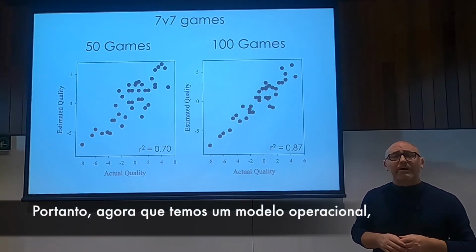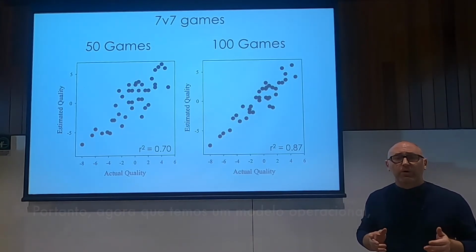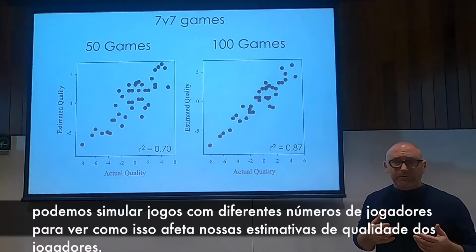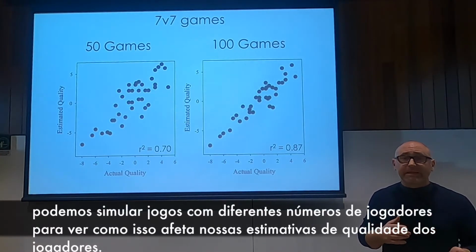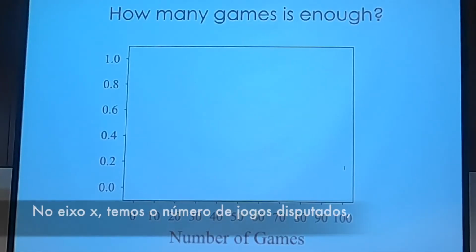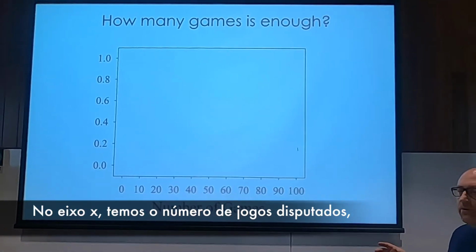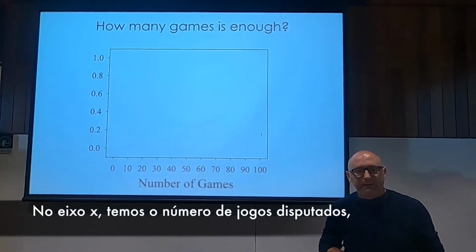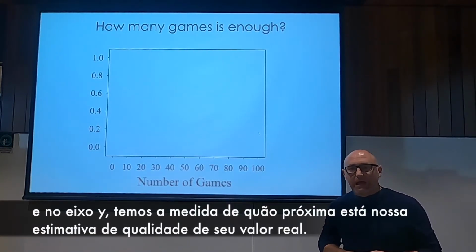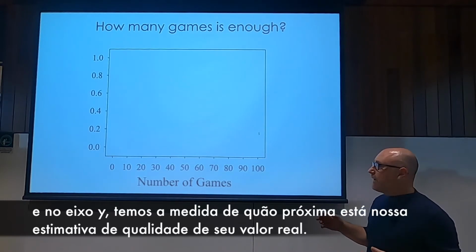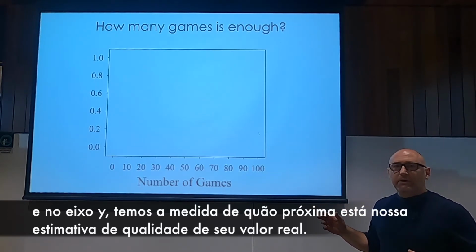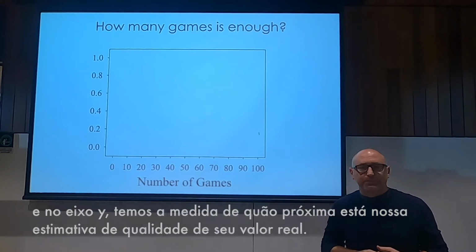So now we have an operational model we can then use to simulate games with different numbers of players to see how it affects our estimates of player quality. So here on the x-axis, we have the number of games played. And the y-axis, we have a measure of how close our estimate of quality is to the player's true value.